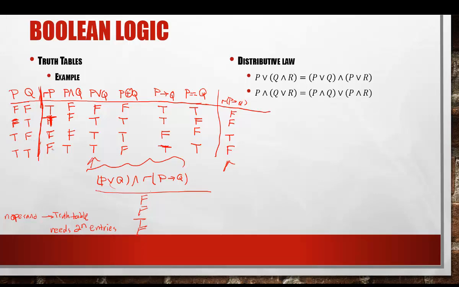Otherwise, the statement is false, right? So then this means that this statement is true when P is true and Q is false. Okay, so that's how you use truth tables.